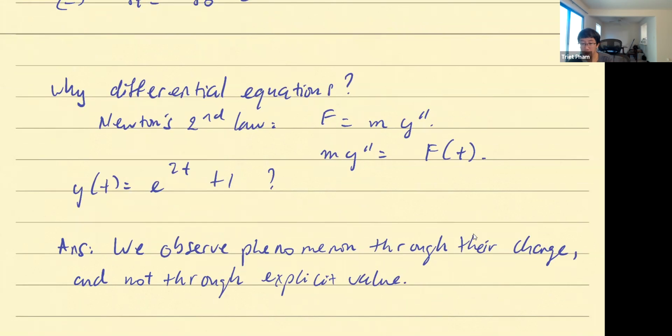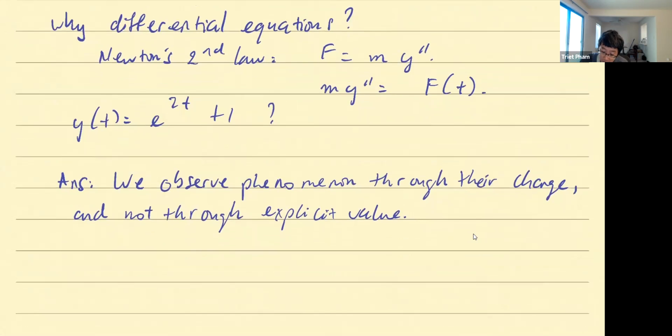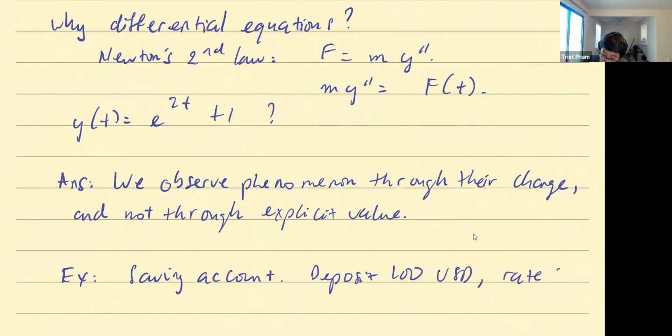Okay. Let me take an easy example. Newton's formula is something like that too, but a little bit more complicated. Let's look at your saving account. Suppose you deposit $100, and let's say the rate is 2%, compounded continuously.